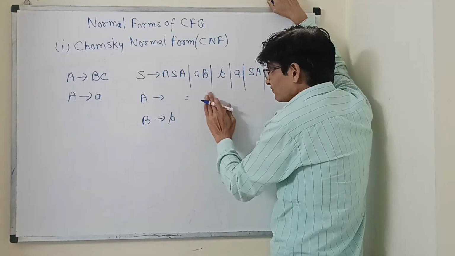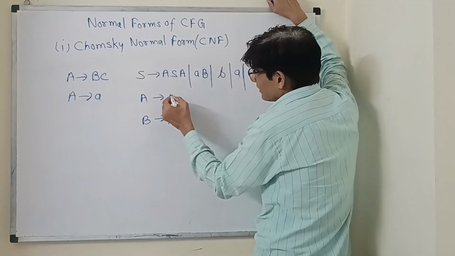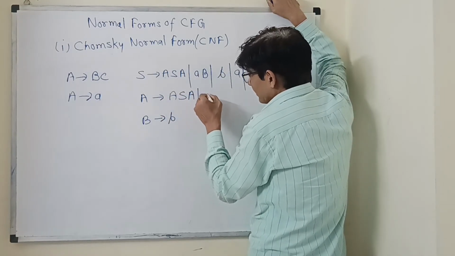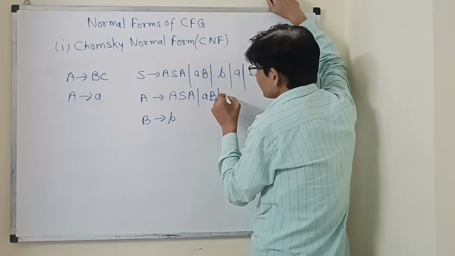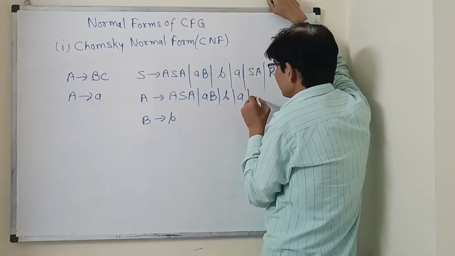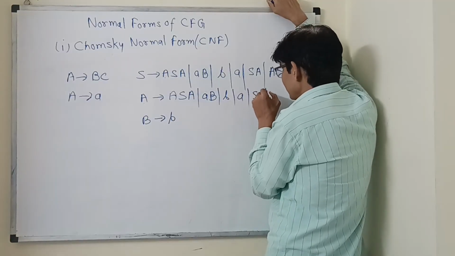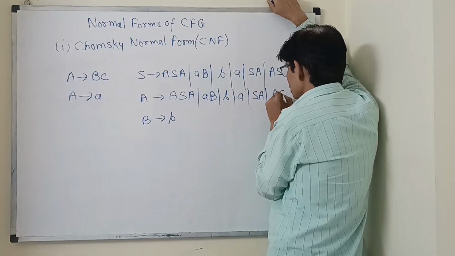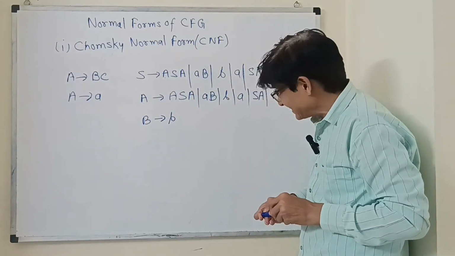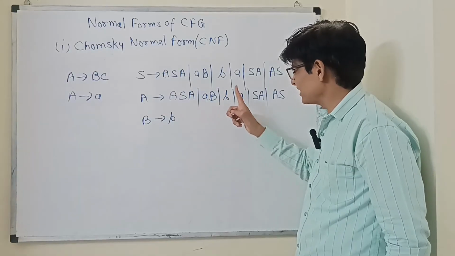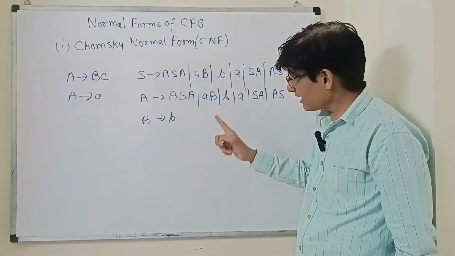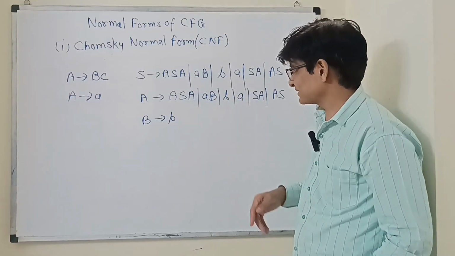So in that case you will have A gives ASA, AB, B, A, SA, and AS. All these productions will be copied to A also. Now this is the grammar that we have got after removal of epsilon production and unit production.